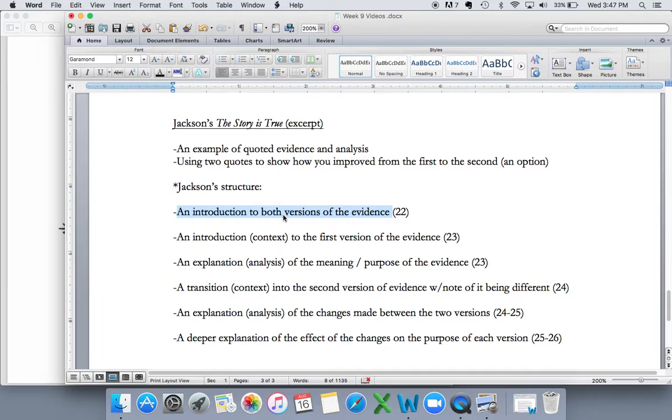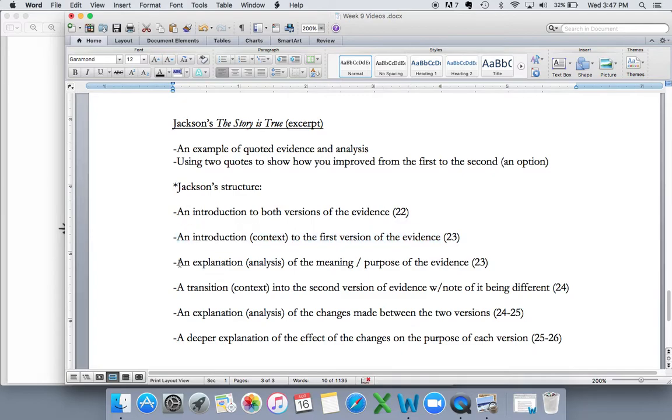After he introduces both versions of the evidence, he goes on to introduce the first version of the evidence. He tells a little bit of a story about where he told this story, what the situation was. Again, that's just giving some context. And that's what we've talked about as the example mode of discourse for this portfolio introduction.